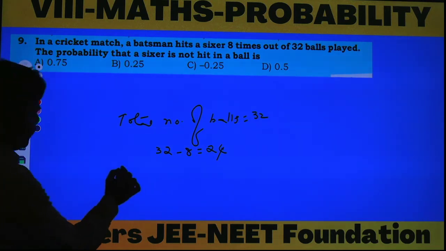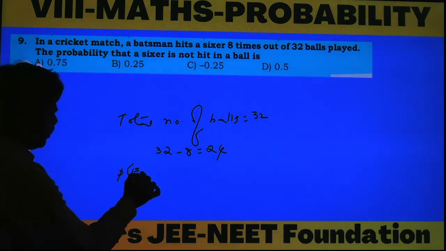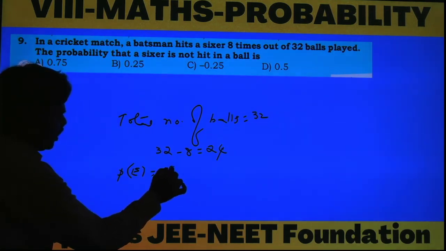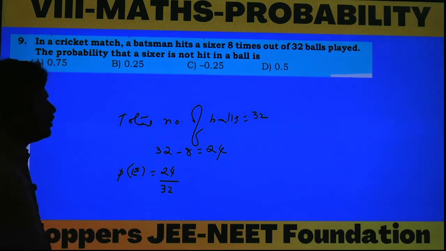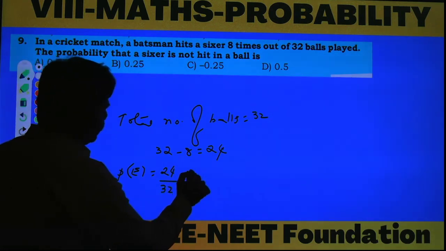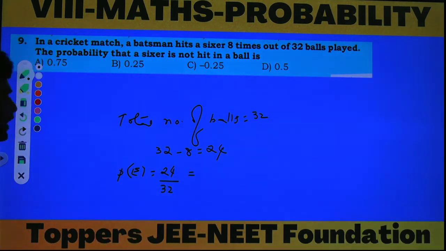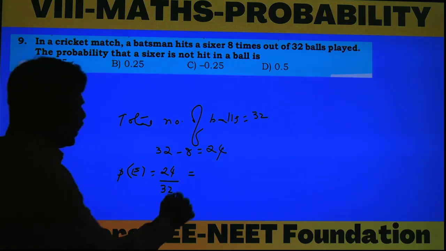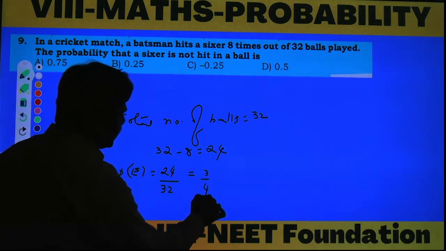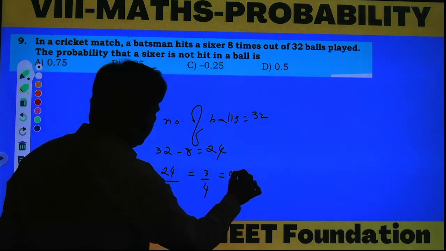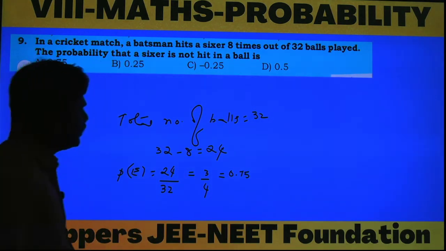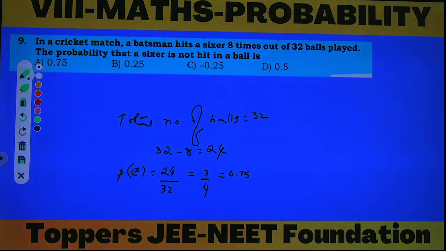P of E is equal to number of favorable outcomes, 24, by total number of outcomes, 32. 24 by 32. Let us take 8 as a common factor. 8 3s are 24, 8 4s are 32, so 3 by 4. 3 by 4 can be written as 0.75. So option A is the correct answer.